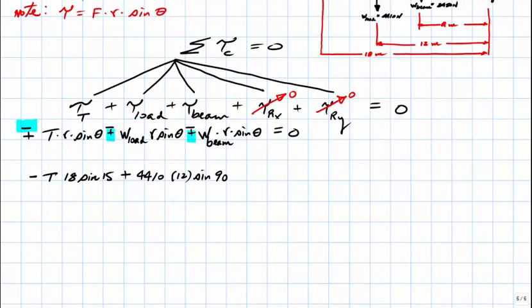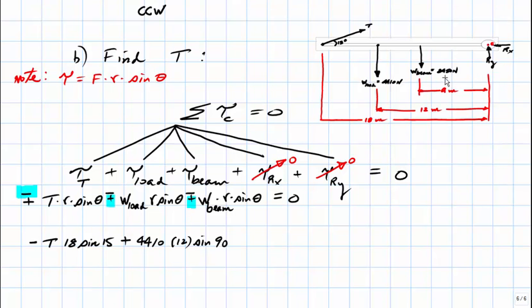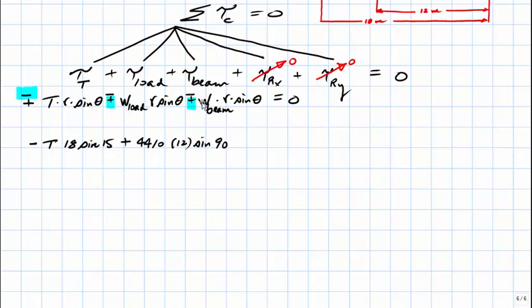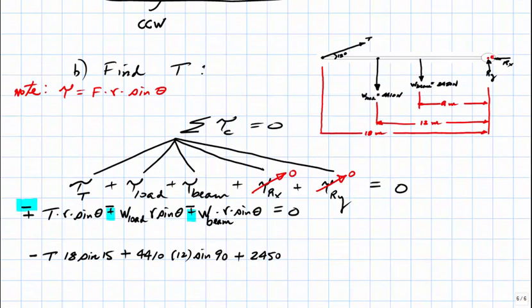Next, let's evaluate the torque of the beam, which starts with the introduction of the weight of the beam. The weight of the beam is 2450. And we assigned a positive value to the torque of the beam because the beam tends to create a counterclockwise rotation. The moment arm out to the weight of the beam, of course, is the line which joins the center of rotation to the contact point of the weight of the beam.